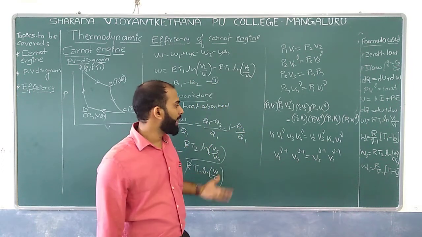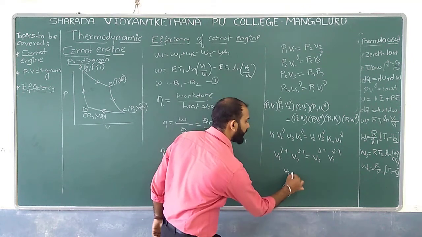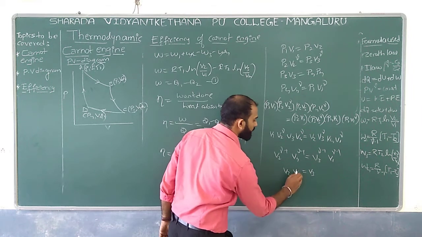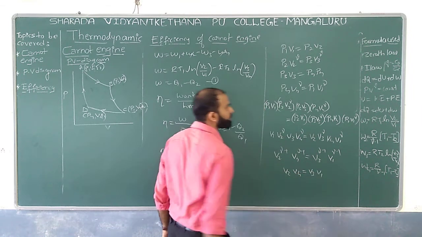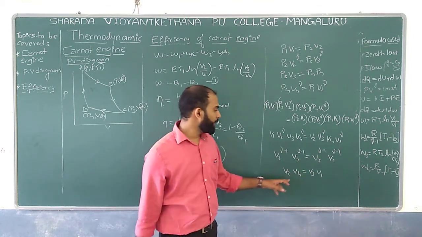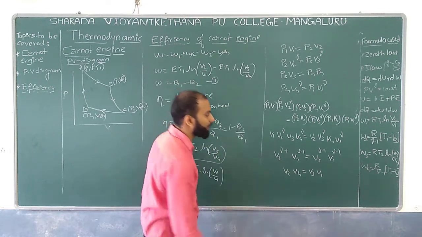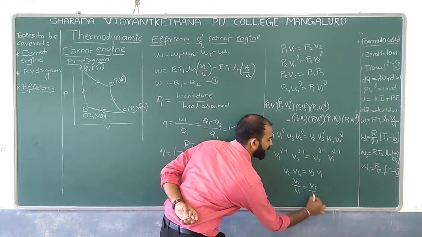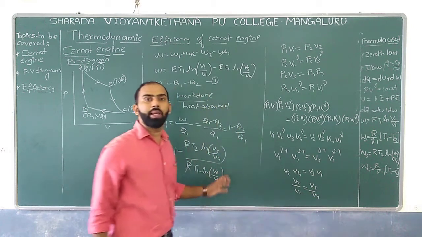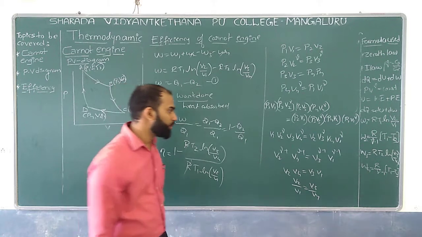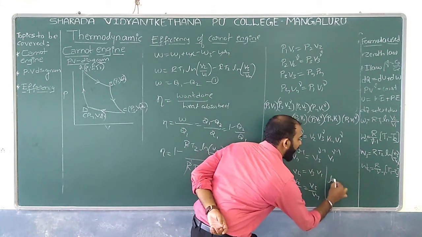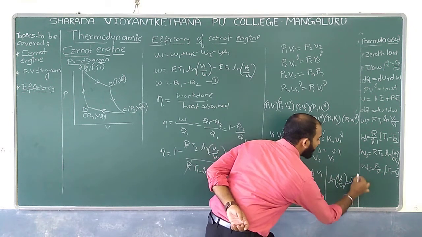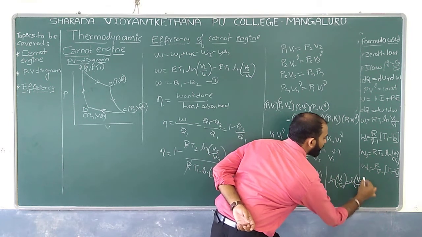So V2 V4 is equal to V3 V1. Now can I write this? It looks like V2 by V1 is equal to V3 by V4. Now if I take ln on both sides, ln of V2 by V1 is equal to ln of V3 by V4.